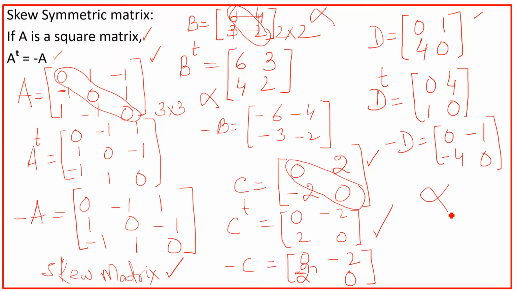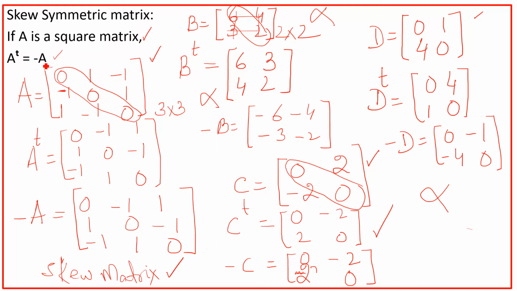So what we conclude is that for a skew symmetric matrix, first of all you have to see whether the matrix satisfies the first condition, number of rows equal to number of columns. Then take the transpose of the matrix; it should be equal to the negative of the original matrix.